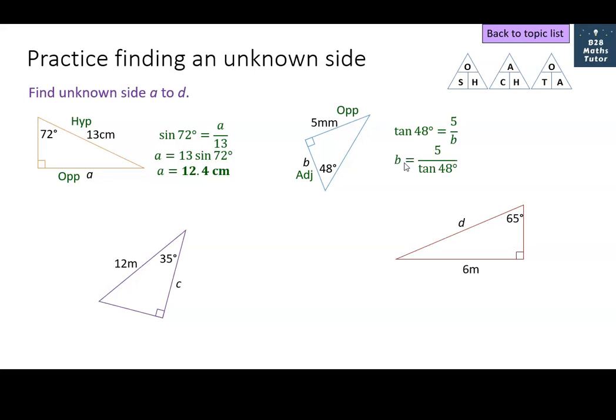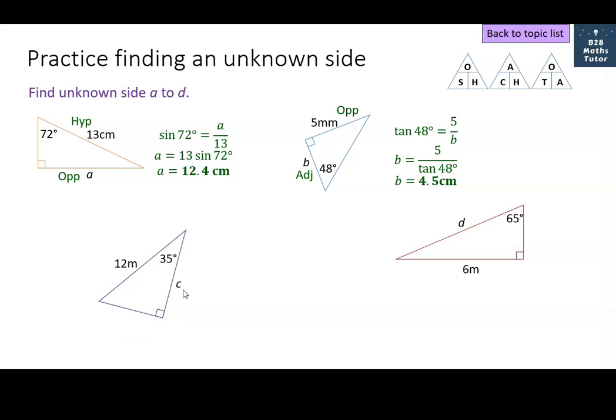We can rearrange that to b equals 5 divided by tan 48. Again, you could have used the cover-up method. We're looking for the adjacent, so we can cover up the a, and we're left with the opposite divided by tan of the angle. Put that in your calculator and you get b equals 4.5 centimetres.